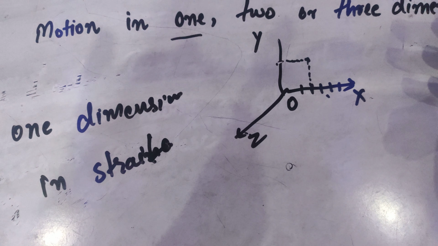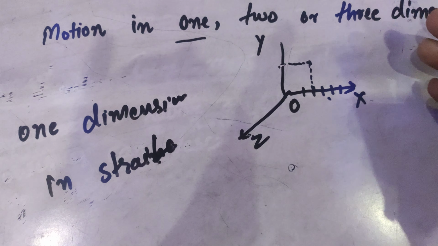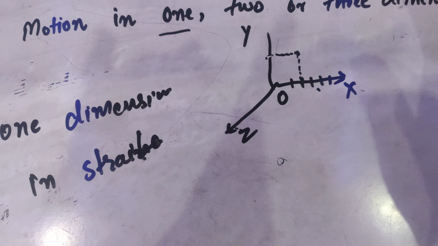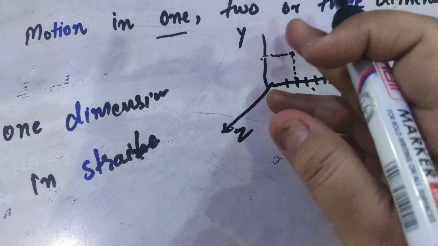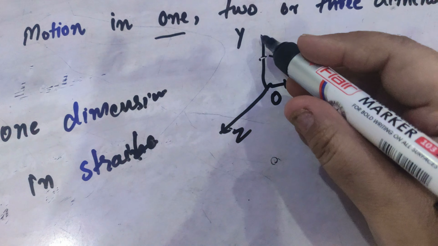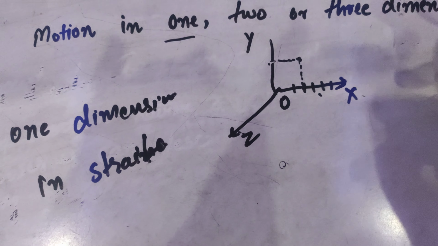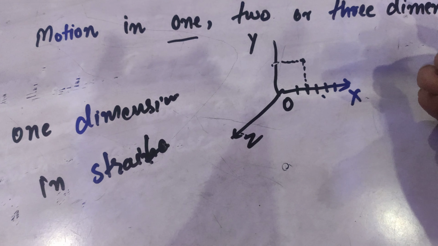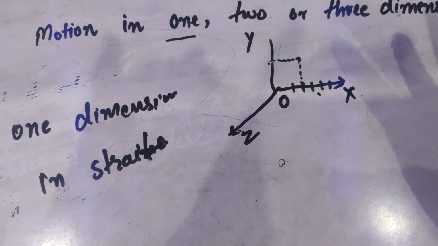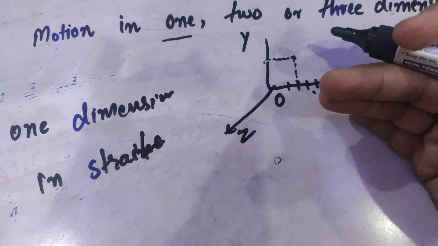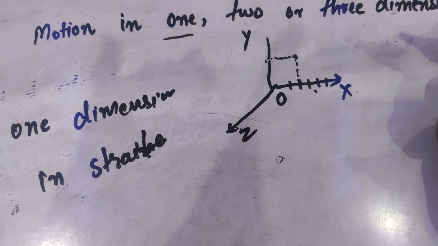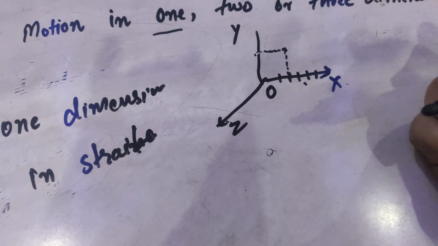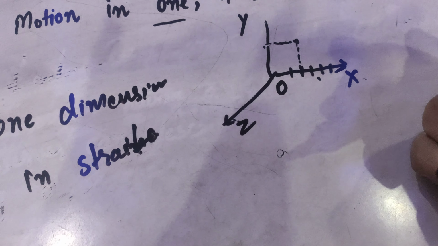For example, a snake crawling over the floor: in this case its x and y coordinates both are changing. Any planar motion is said to be two dimension motion. For example, the revolution of the earth around the sun is also a two dimension motion.